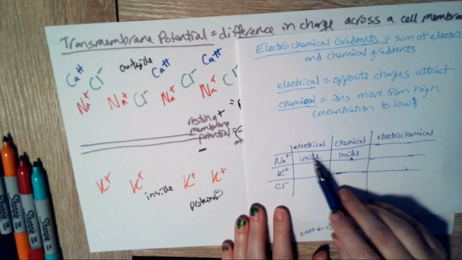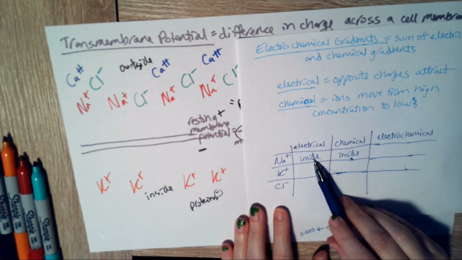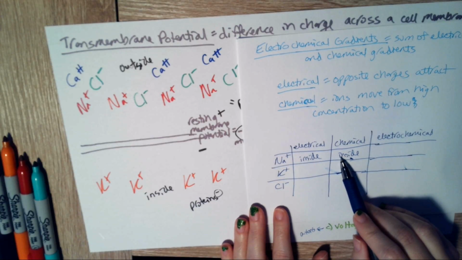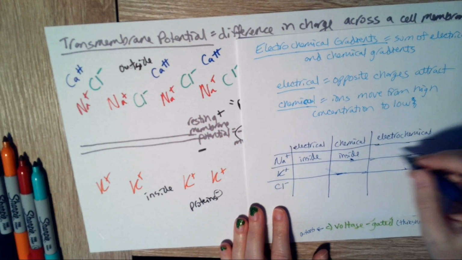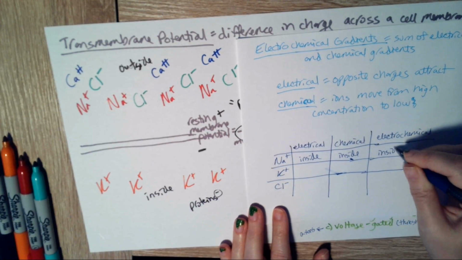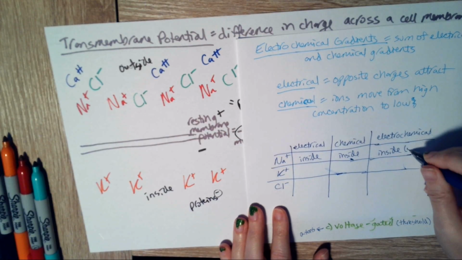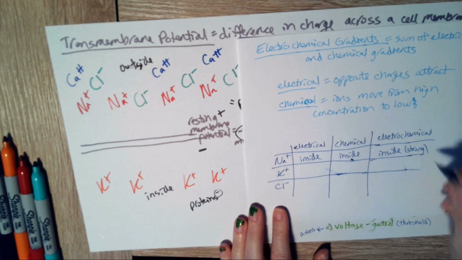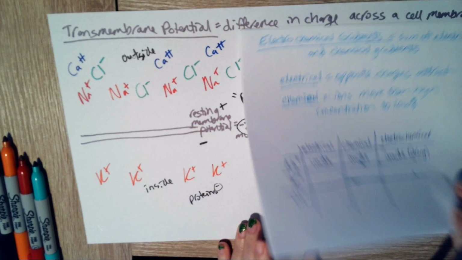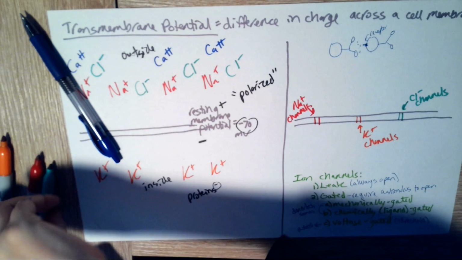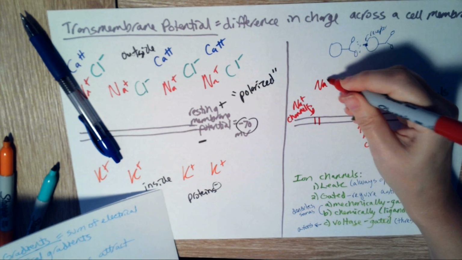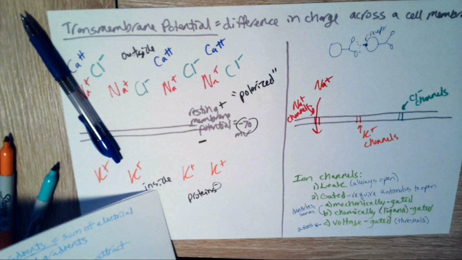When you add these two up, they both agree. The electrical gradient tells sodium to go inside, the chemical gradient tells sodium to go inside the cell. So the electrochemical gradient for sodium is to go inside the cell, and it's a really strong gradient. Sodium really, really, really wants to go inside the cell. So let's draw that out here. Sodium wants into the cell.